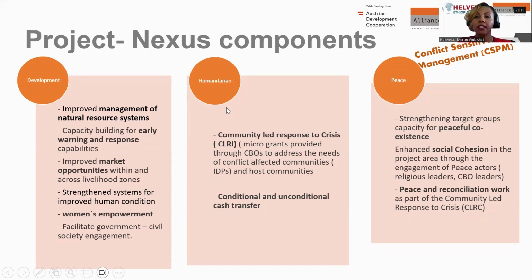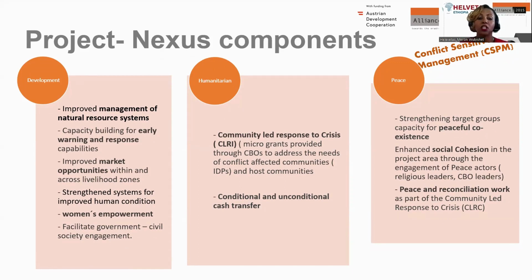The humanitarian wing is, as I mentioned earlier, an adaptation from the crisis. So we use the community-led response to crisis approach, where we provide micro grants to engage the community to respond to their needs.